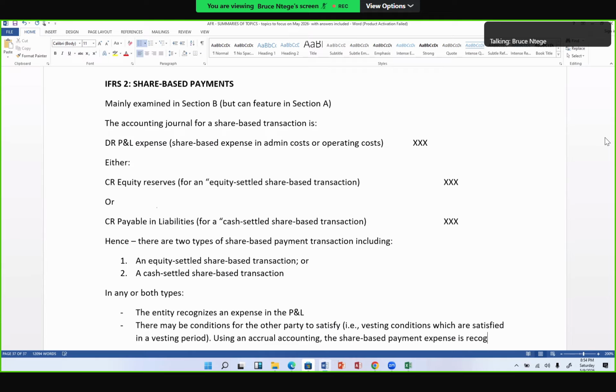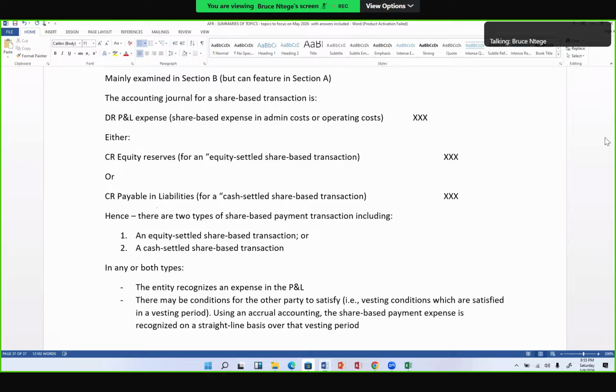So if they give you a vesting period of 5 years, then over the 5 years I'm allocating this share-based payment expense that relates to an equity settled or a cash settled arrangement.